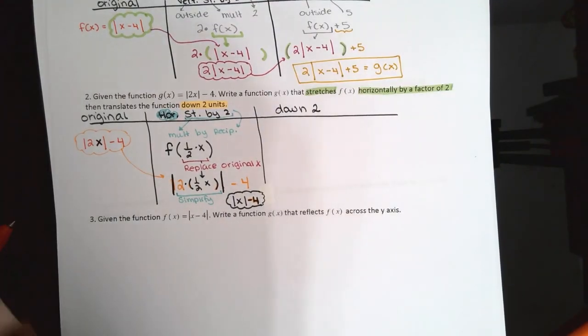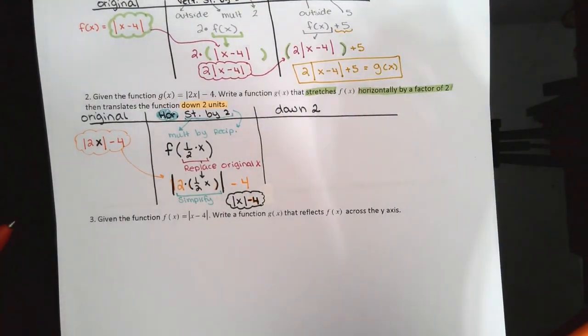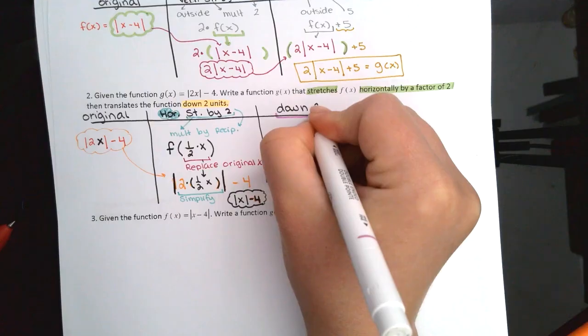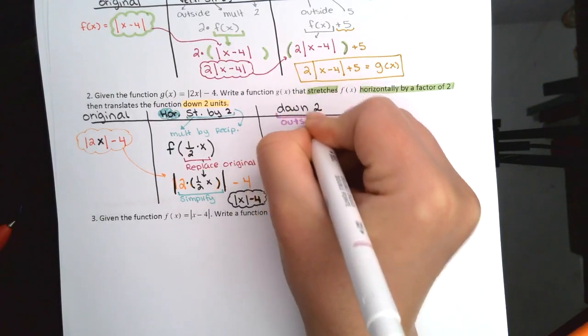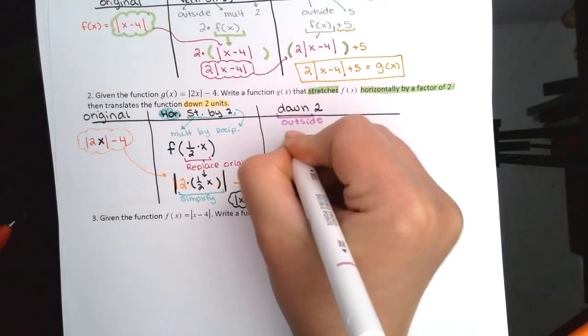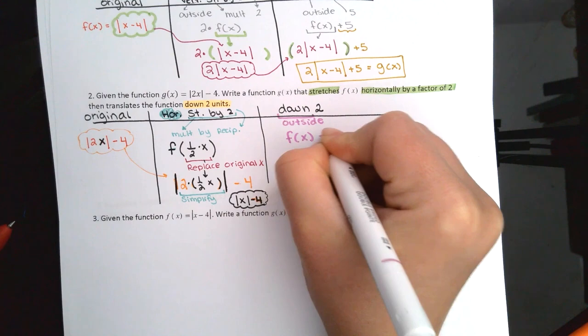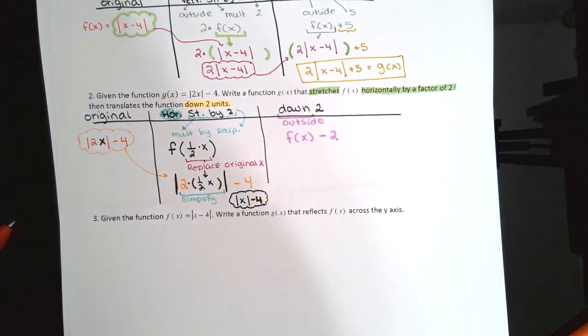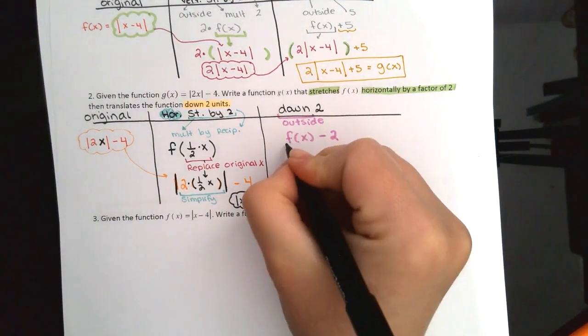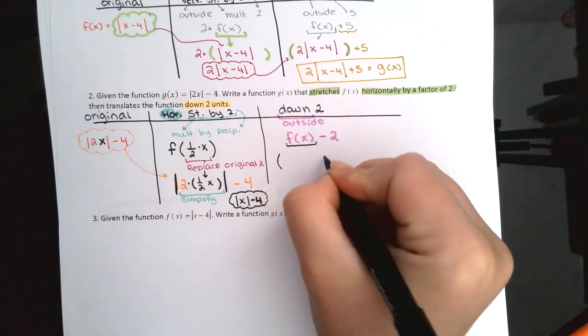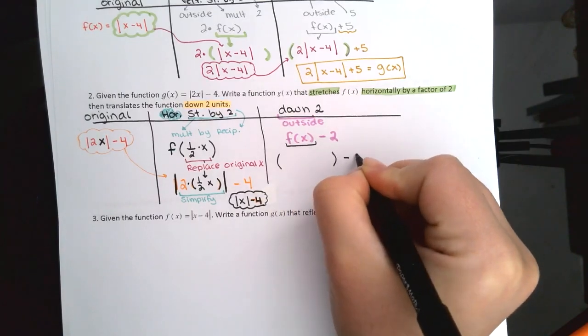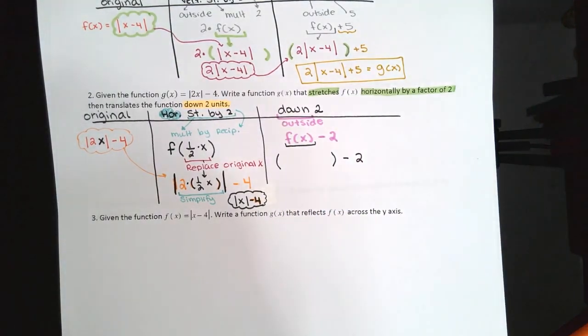This is an outside change, so be careful there. So we got f of x, and outside of f of x, we got a down 2. That's my function notation. So I'm going to take my function. I'm going to open up for f of x, have the minus 2 on the outside of my function. Now, what am I putting inside? Everything.